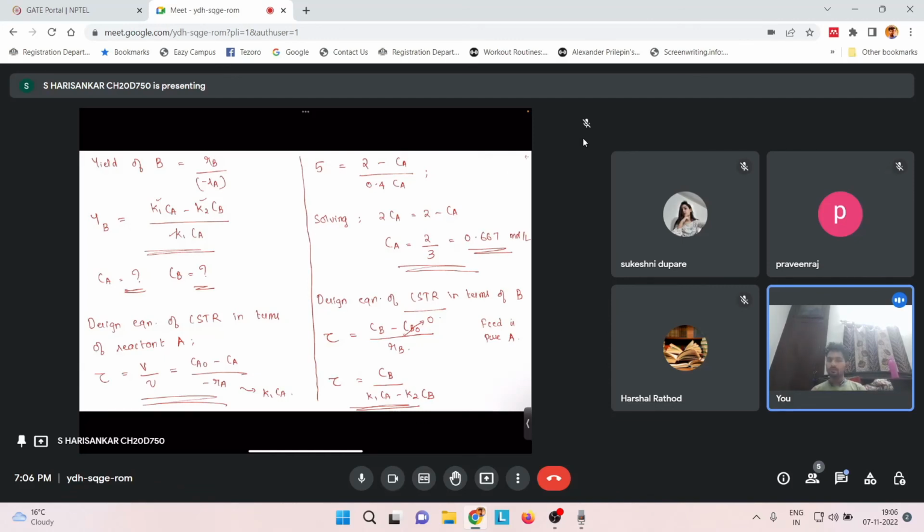We'll do the design equation of CSTR in terms of A and B using the tau that we just found, and we'll find Ca and Cb. Once we have found Ca and Cb, all we have to do is substitute them in the yield equation and finally find the yield, and we'll get the yield as 67%.